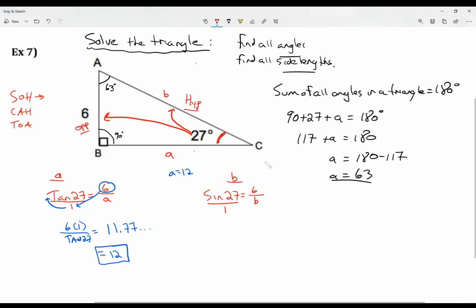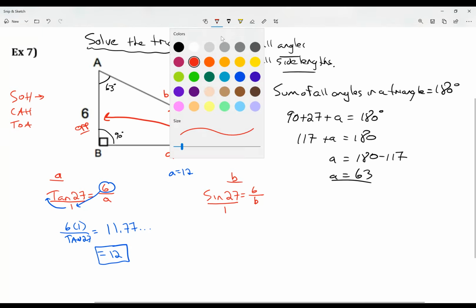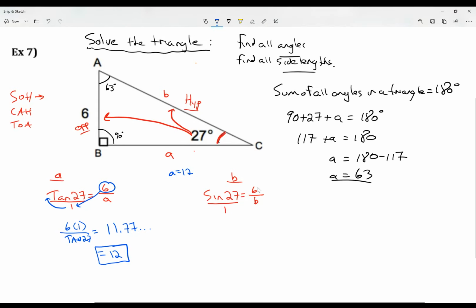Write the sine of 27 over 1. And again, you have a proportion. You're going to start with 6, multiply by 1, and divide by the sine of 27. This should be different than dividing by the tan of 27. 6 times 1 is just 6, divided by the sine of 27. And I get a bigger number, which should make sense, 13.21 and change.